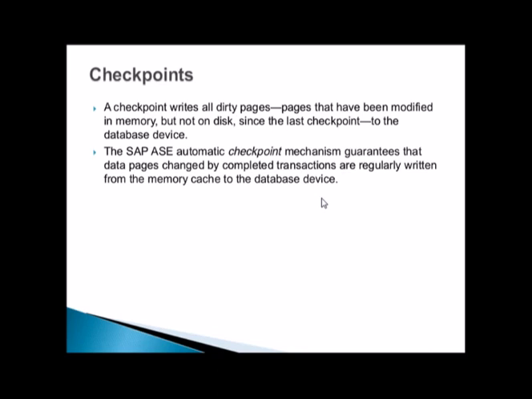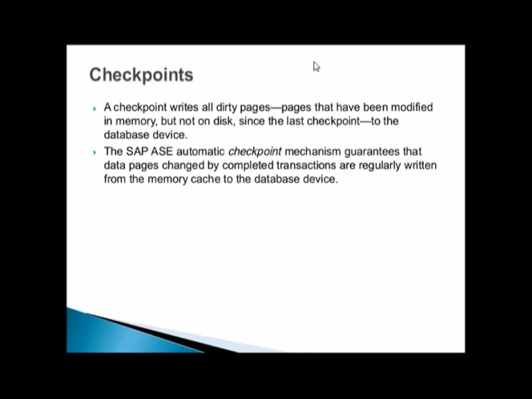Since the last checkpoint to the database device. The SAP ASE automatic checkpoint mechanism guarantees that data pages changed by completed transactions are regularly written from the memory cache to the database devices.